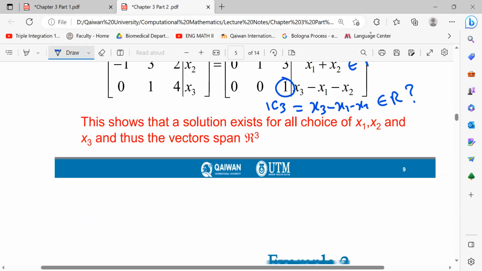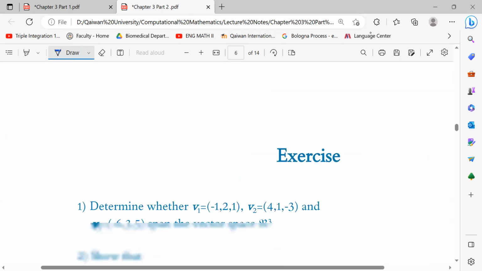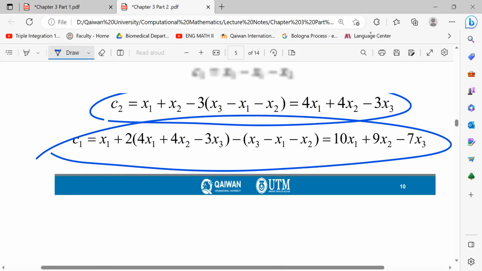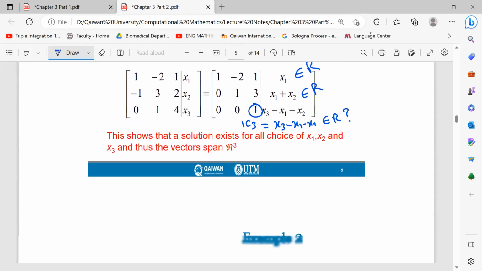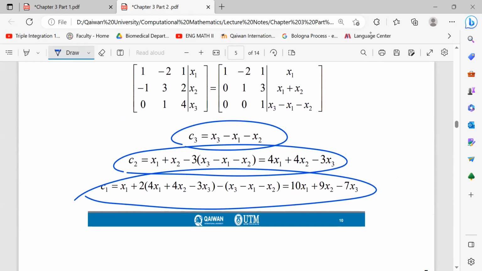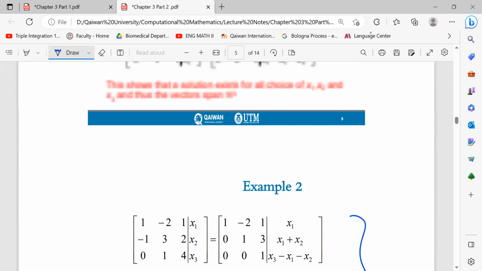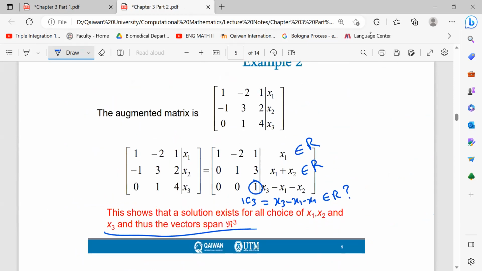It means these 3 vectors span R3. You don't even need to write this down. From here you can decide, as none of the rows is 0, you don't get any impossibility.